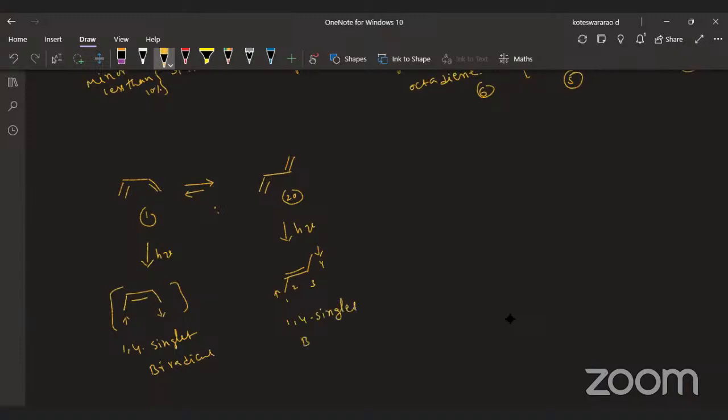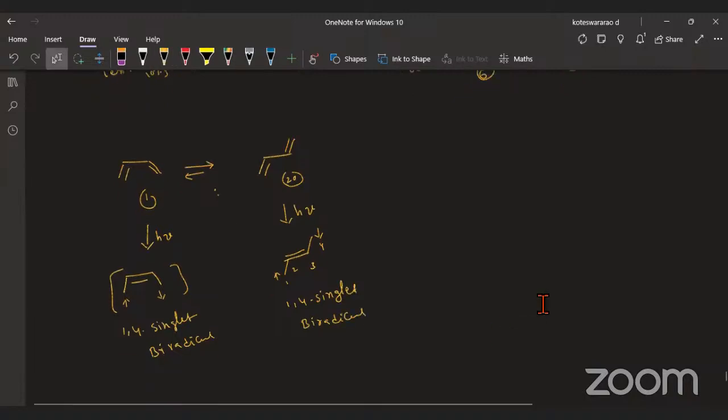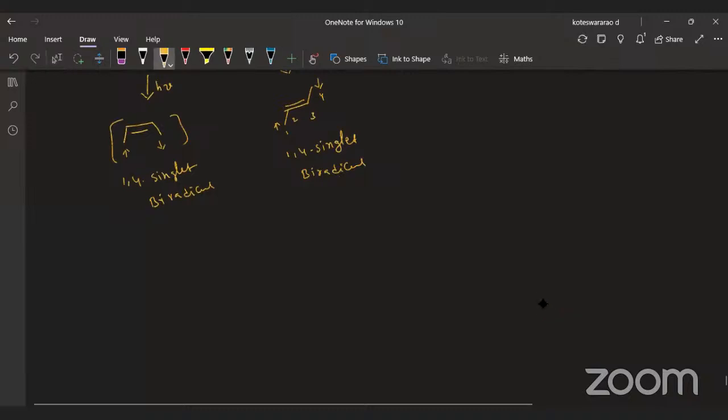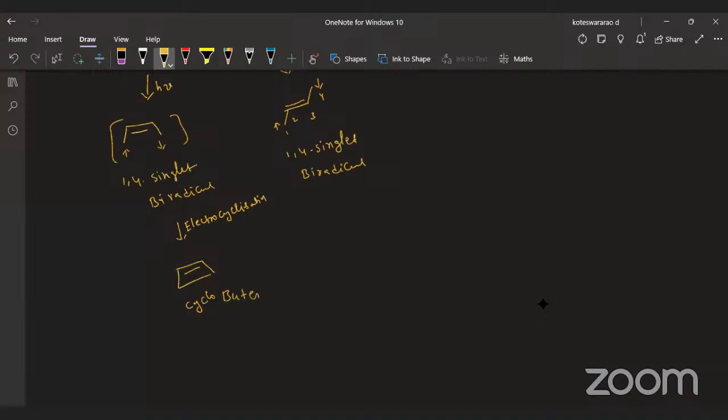Now, the singlet biradical undergoes electrocyclization. Electrocyclization leads to the formation of cyclobutene, which is a cross addition reaction.